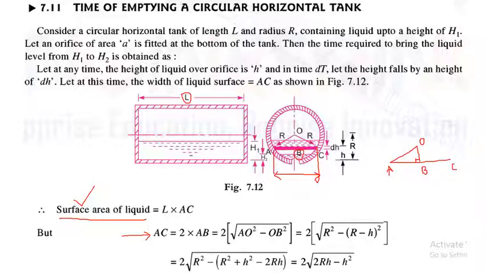So here AB is equal to square root of AO square minus OB square. On substitution, it is equal to square root of R square minus (R minus H) square, that is AO is R and OB is R minus H. You can see here, this is R and this is H, and this distance is OB.